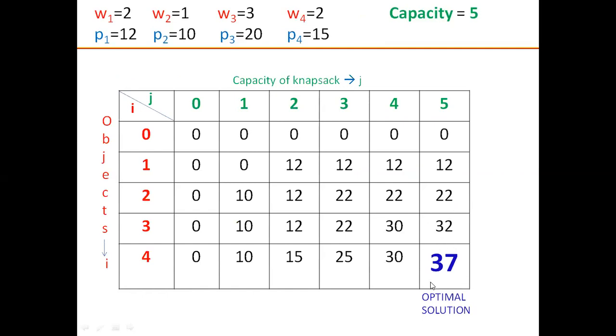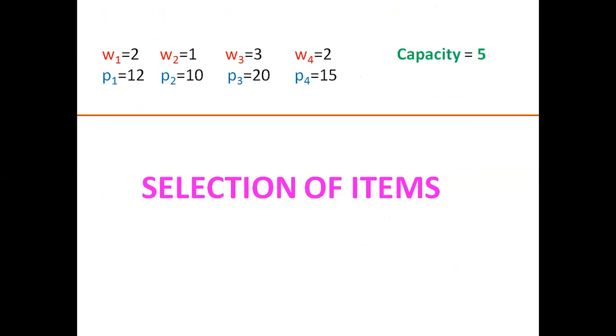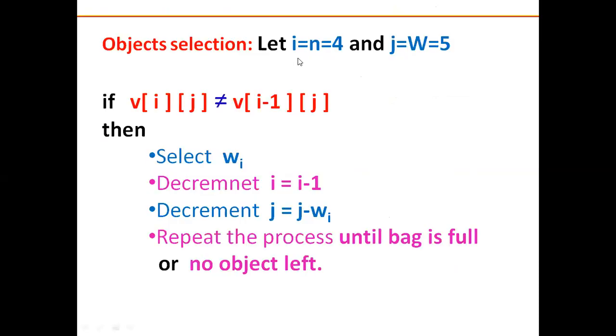Now the question is, to get this optimal solution, which objects are to be added into the bag? For that, we apply a small set of rules. For the selection of objects, assume i as the number of objects and j as the capacity.